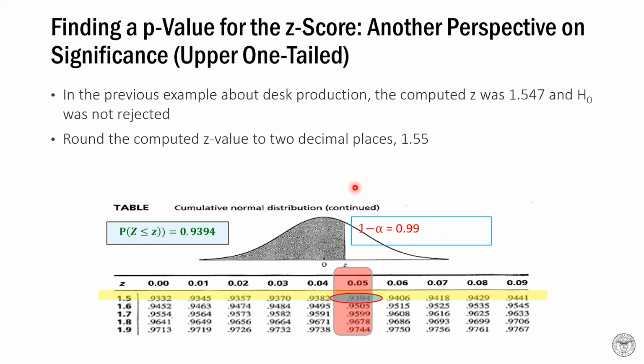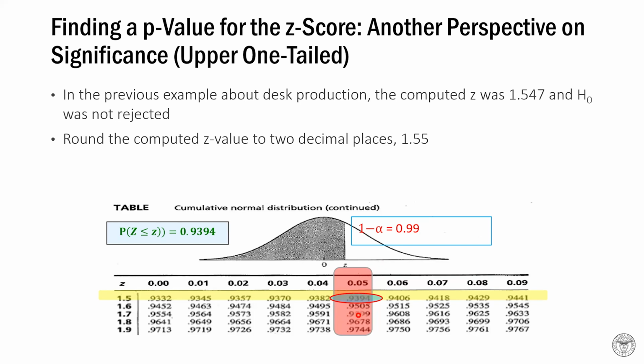In the previous upper tail example, we already know the z-score was 1.547. We may round the computed z-value to 2 decimal places, 1.55. Using the given z-table, find the probability of a z-value of 1.55, which is 0.9394.